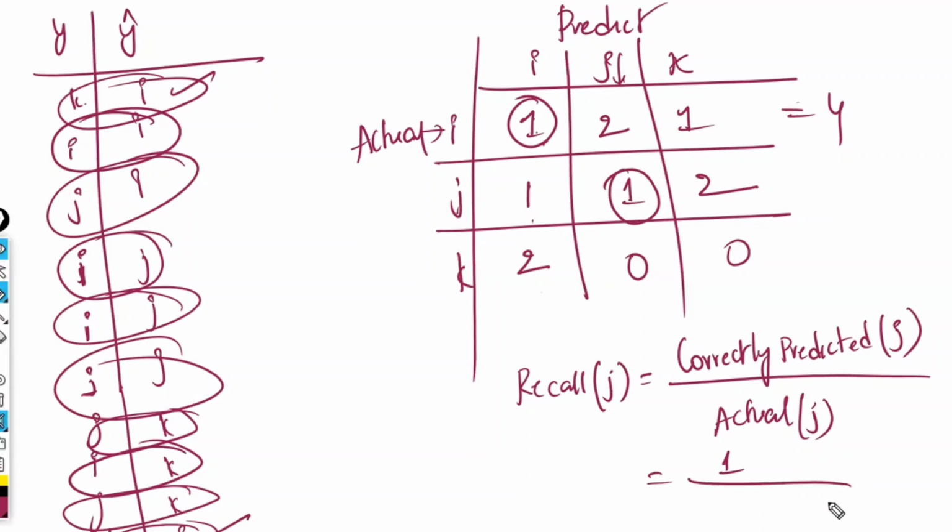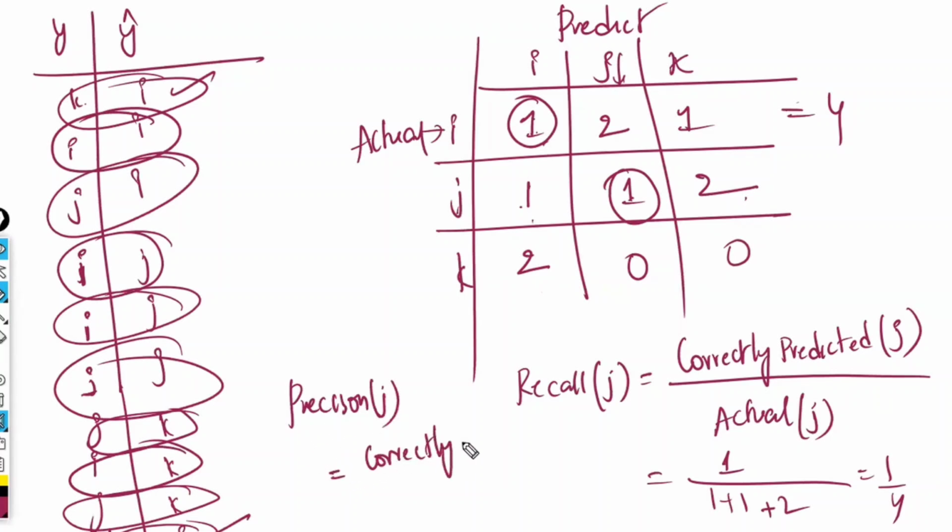Divided by actual J's, that is 1 plus 1 plus 2, that is 1 by 4. Similarly, precision of J is correctly predicted as J divided by total predicted J. That is 1 divided by 2 plus 1 plus 0, which is 1 by 3.